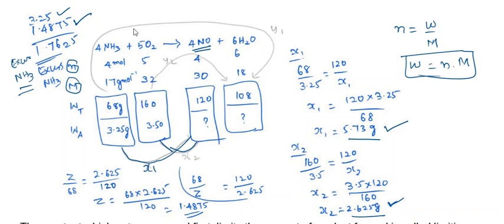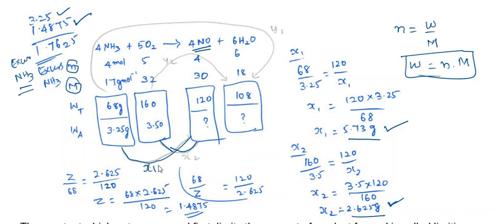Now, let us target, they asked only based on nitrogen oxide. So for nitrogen oxide here, 68 gram, the theoretical weight of ammonia by multiplying this we get 68, by multiplying these two we get 160, so likewise we get 120, 108, and the actual weight is 3.25 of ammonia and 3.5 of oxygen. Now we are doing a serious exercise of mass ratio, so this ratio is equal to this ratio, and this ratio can be compared here.